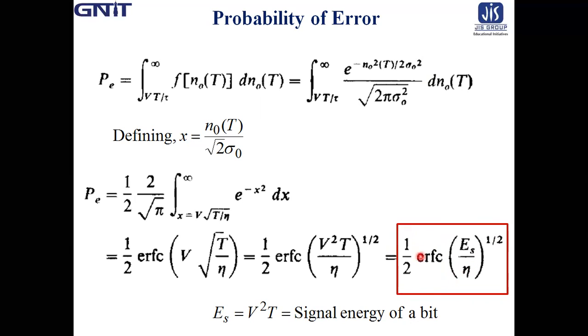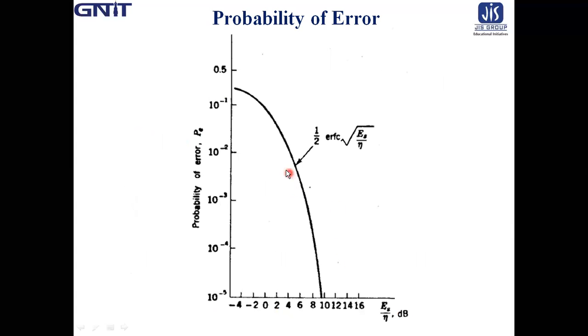Now suppose this term is 0, then error probability will be 1. So sorry, it should be half. This argument part is 0, then ERFC of 0 is 1, and it is multiplied by half. So probability of error is half. It starts from half, that is 0.5.